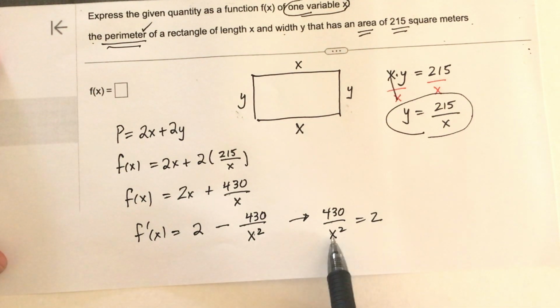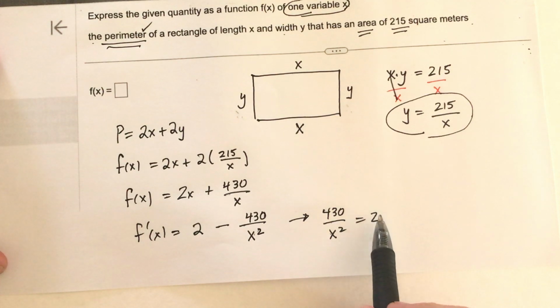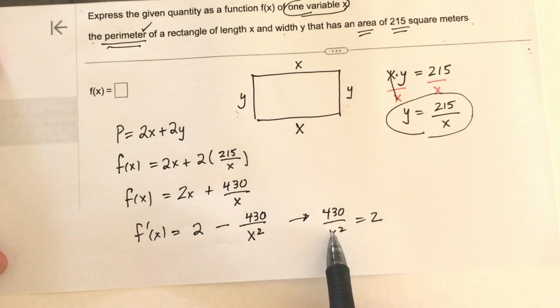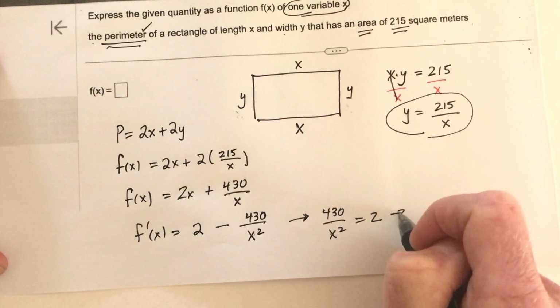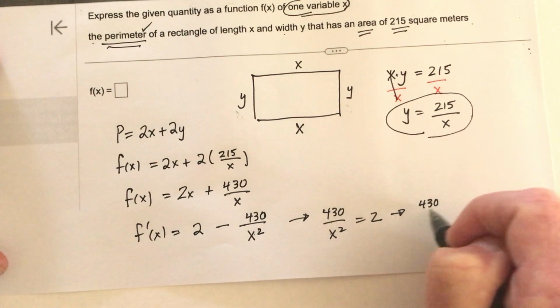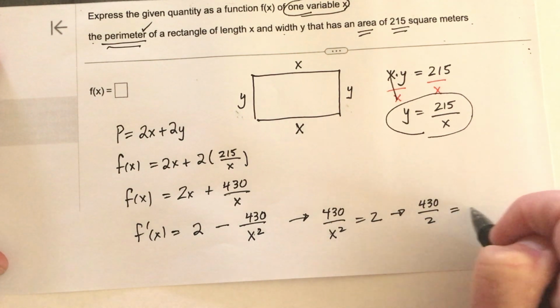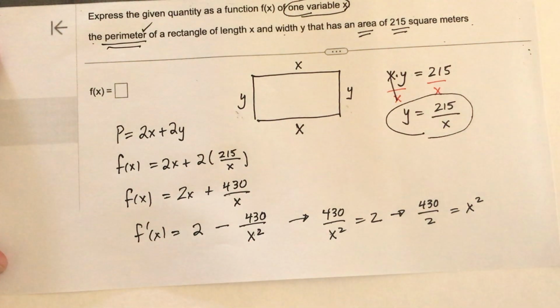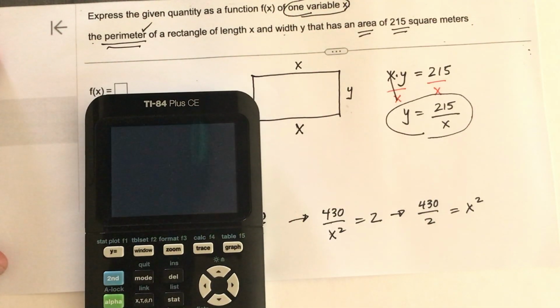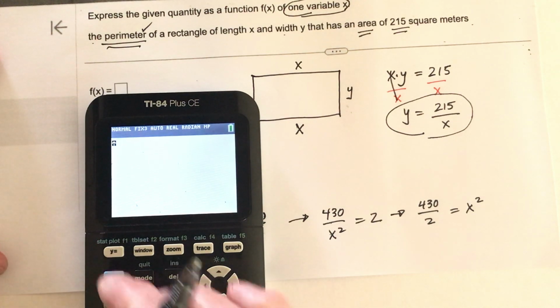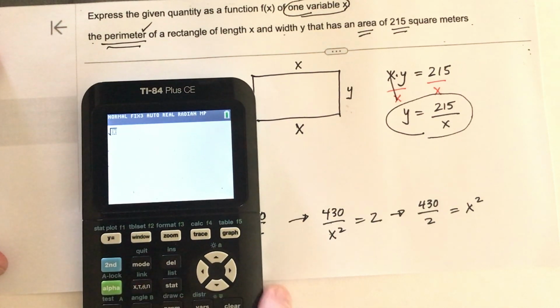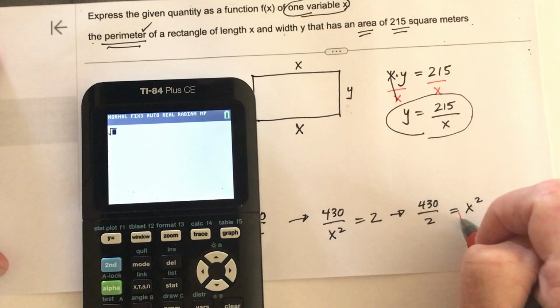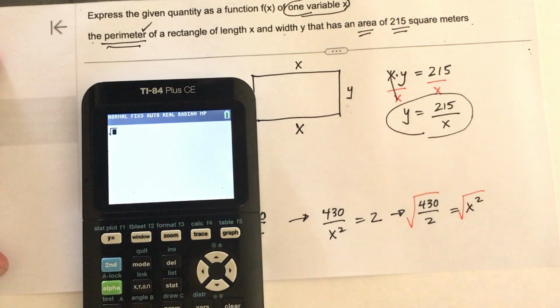And then I could multiply by x squared to move it to this side and divide by 2 to move the 2 to the left side. So then I would have 430 divided by 2, and that equals x squared. And then just take the square root of both sides, and that's a good time to use a red pen, square root, square root.